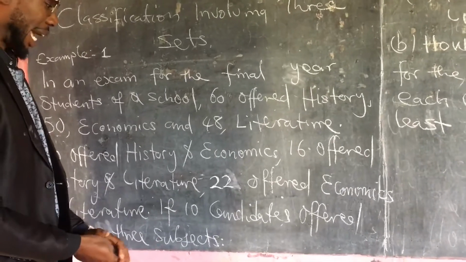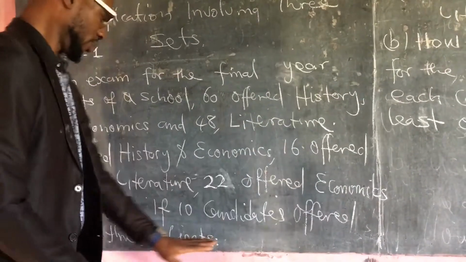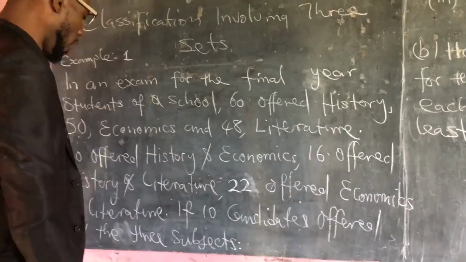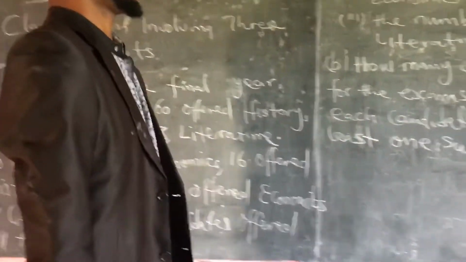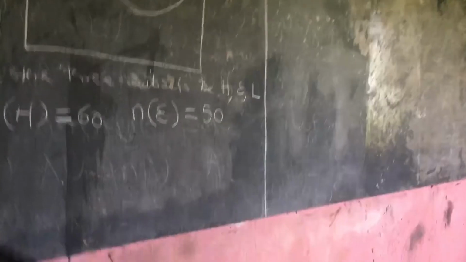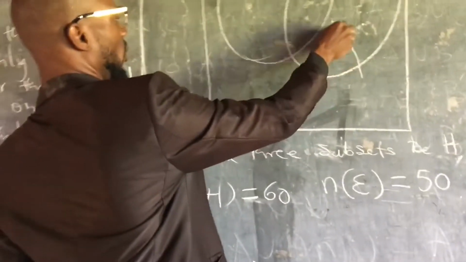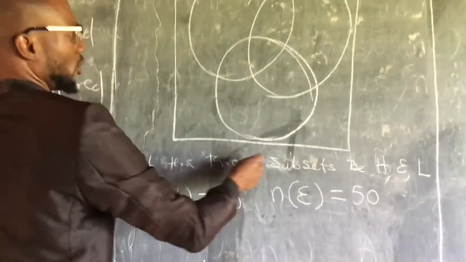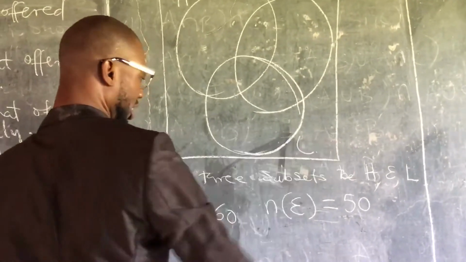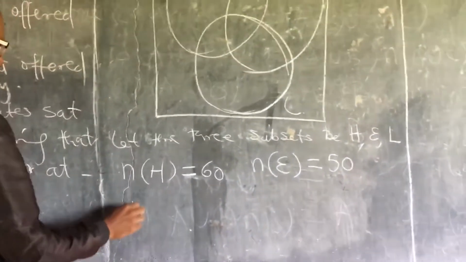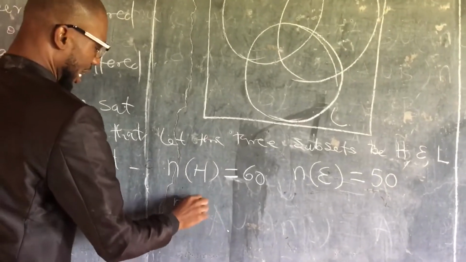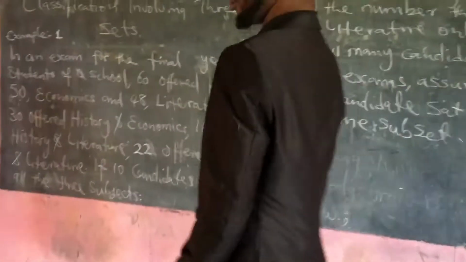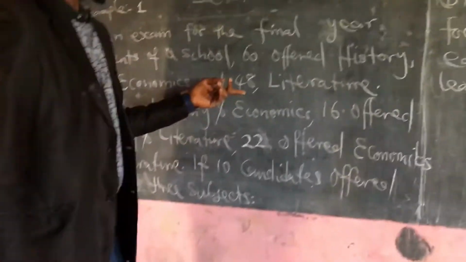And later, all of them intersect because they tell us that 10 candidates offered all the 3. So now we join everything. So this one is literature, and the cardinality of set L is 48. They tell us 48.